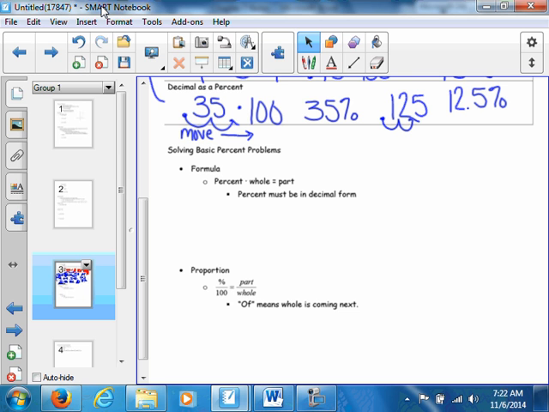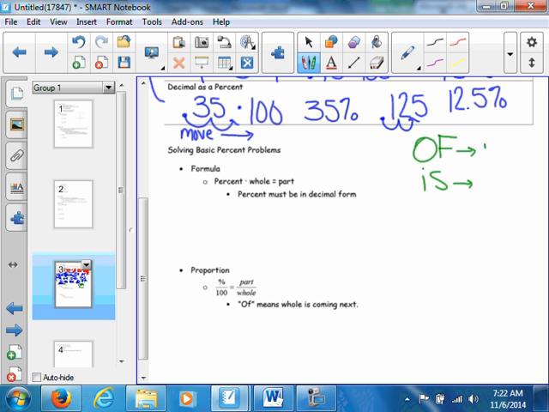The first one, though, I'm going to use is the percent formula. Okay? And you'll notice in your book that it says a part is a percent of a whole, or percent of a whole is a part. There's a couple of words we need to know here: of and is. Those represent mathematical terms.